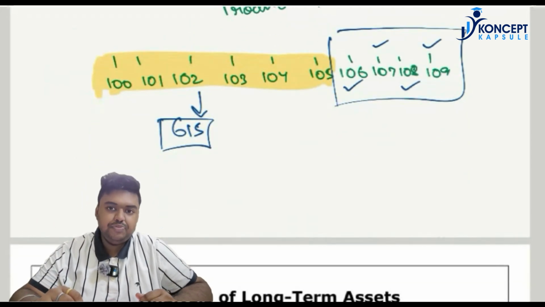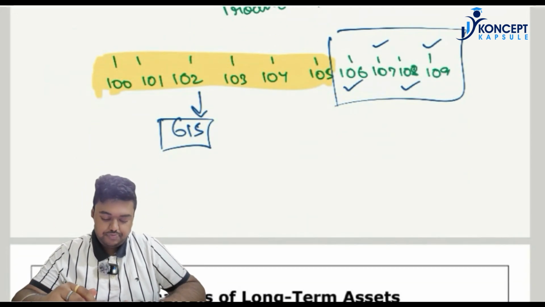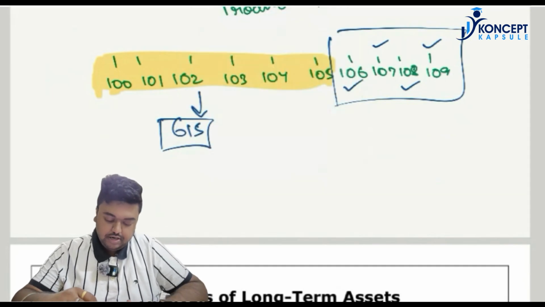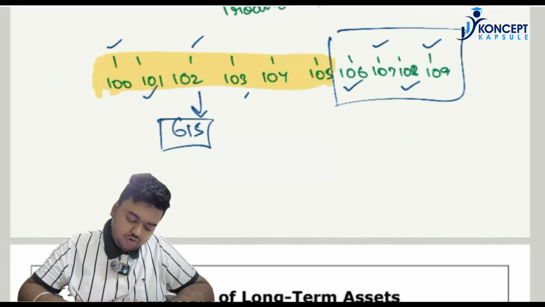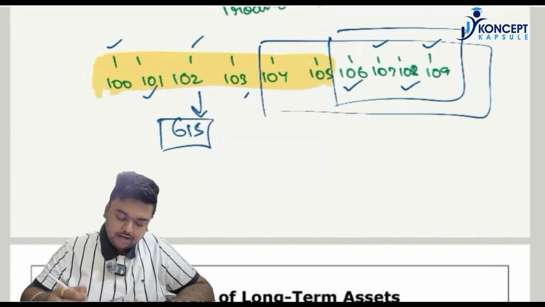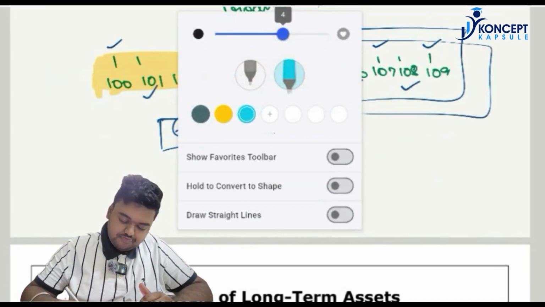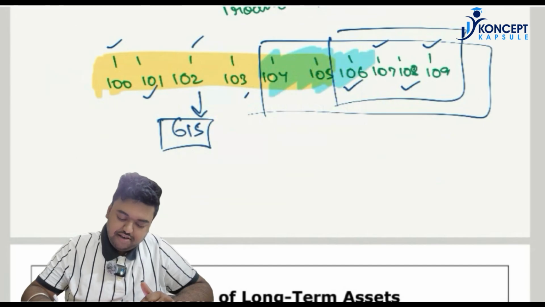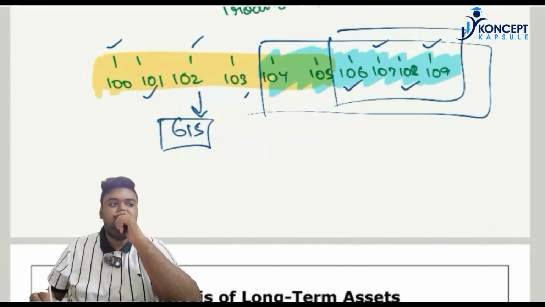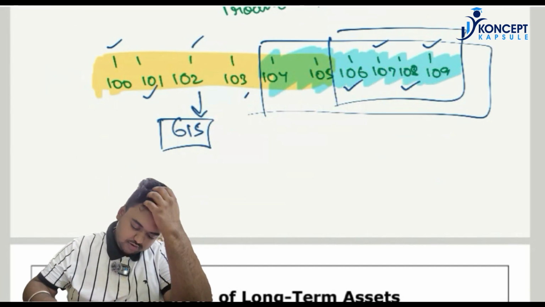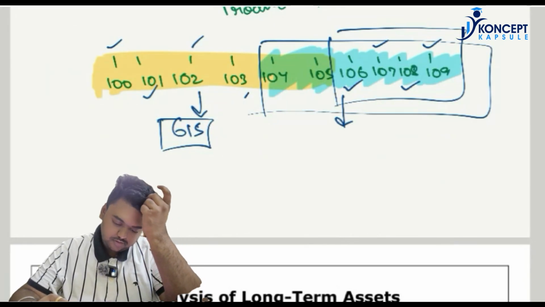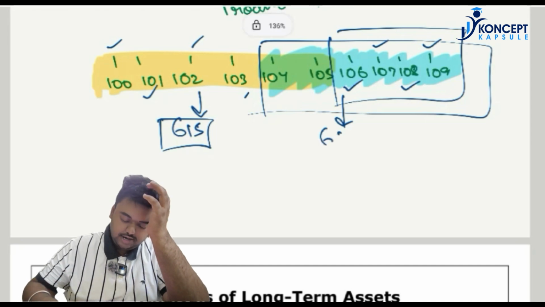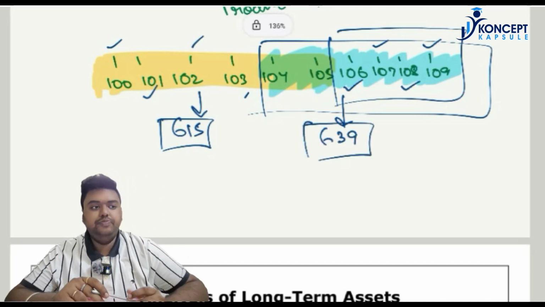Correct? If we take the same example with FIFO, in FIFO we are assuming that the earlier products are sold first. So the closing inventory will be 104, 105, 106, 109. This will be 639 if I am not wrong.